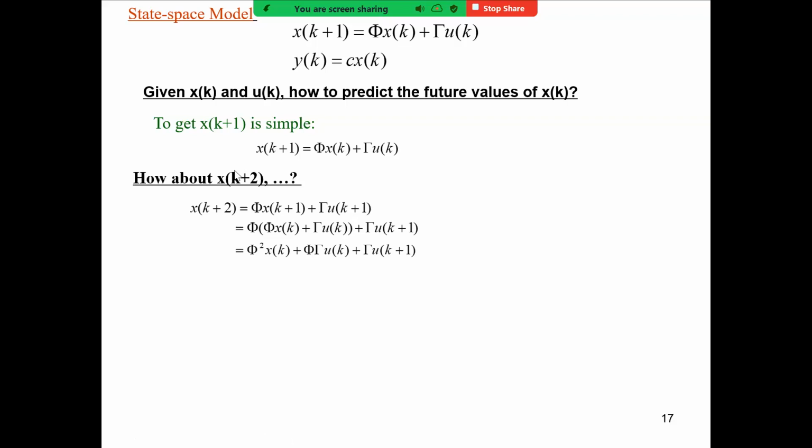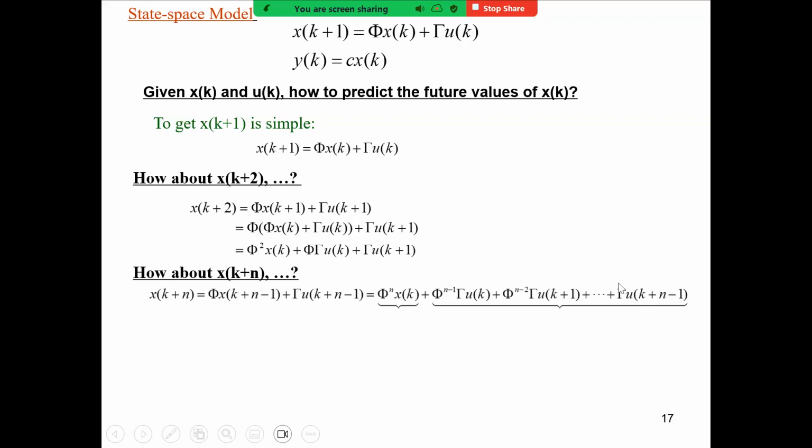Similarly, you can follow this flow and easily derive the expression for x_{k+n}. It will be Phi to the power of n times x_k, and then there are other terms which describe the effect of the input signal.